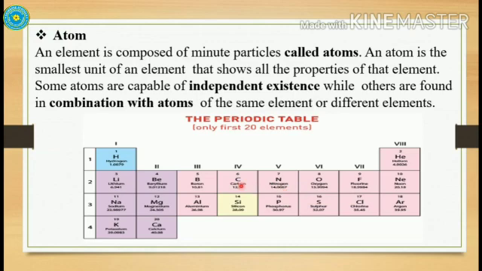For example, carbon, nitrogen, oxygen, fluorine. All these contain atoms, and these atoms show the properties of that particular element. Some atoms are capable of independent existence, while others are found in combination with atoms of the same element or different elements.